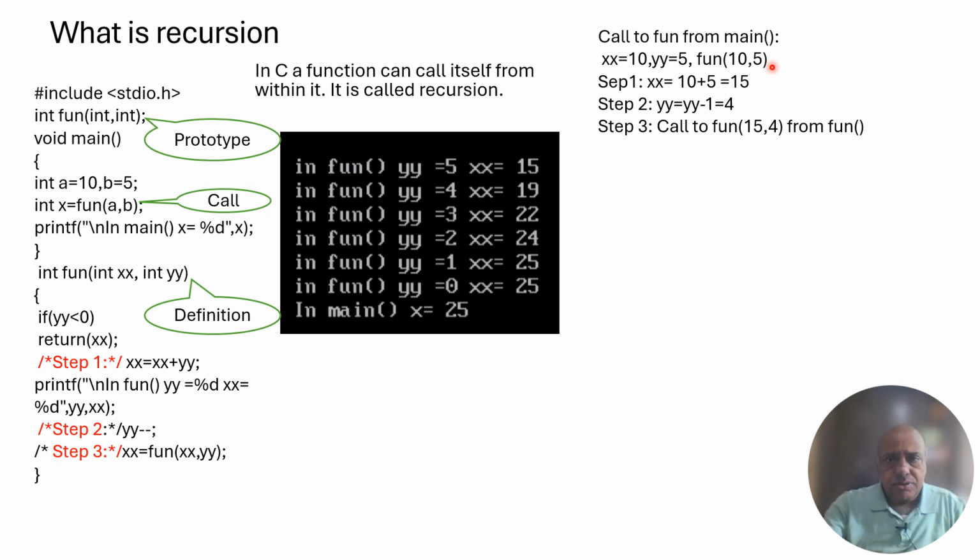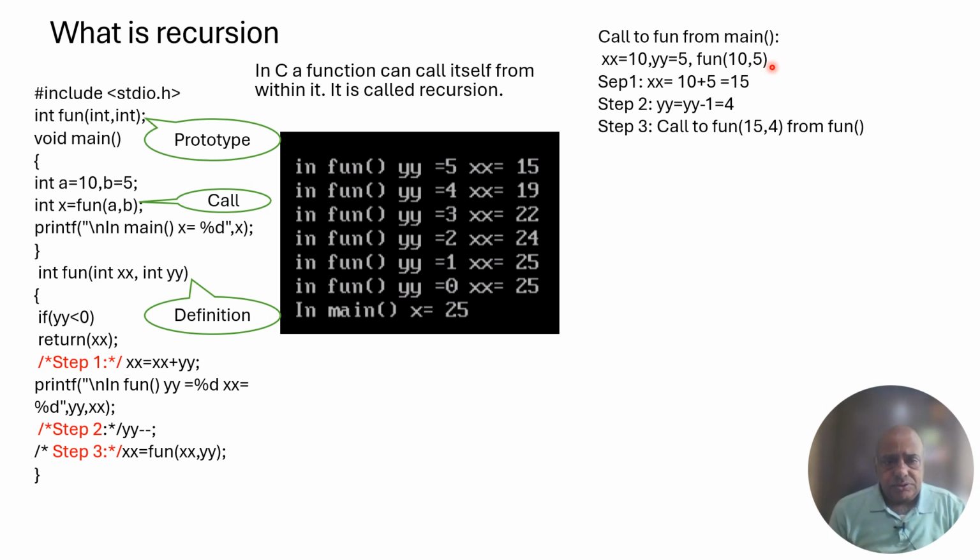Now how does this function work? First we make a call to the function from main. The function fun is called from main and passed the values 10 and 5.